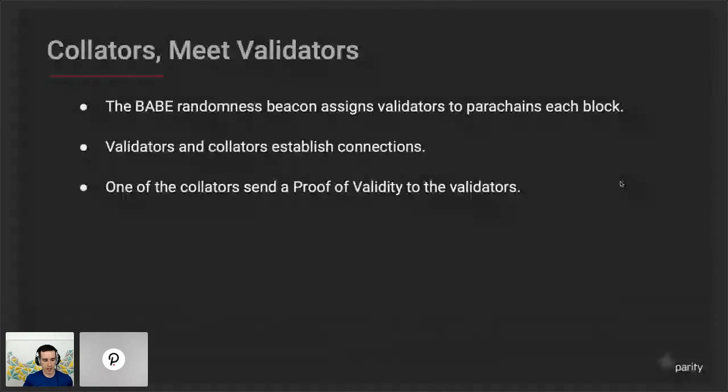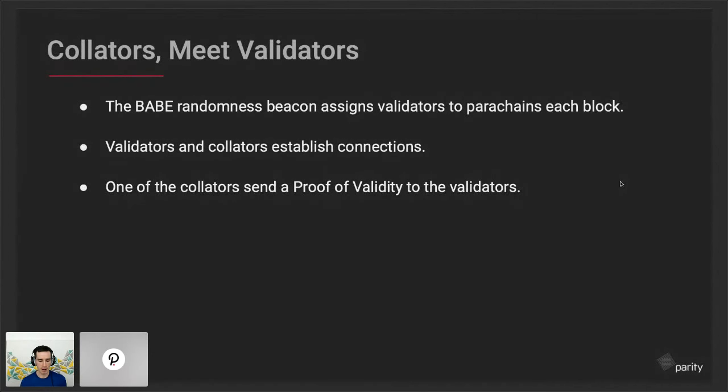So of course, in order to send a block to the relay chain, you have to have a connection between the collators and the validators. We haven't actually implemented this part yet where the collators and the validators find each other. But the validators get randomly assigned to parachains for every block.